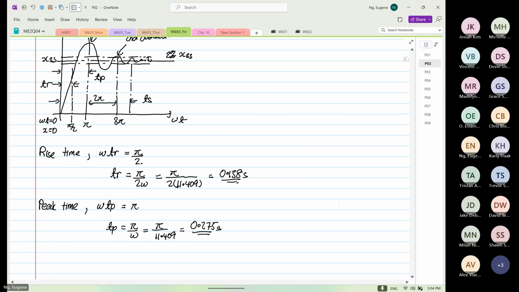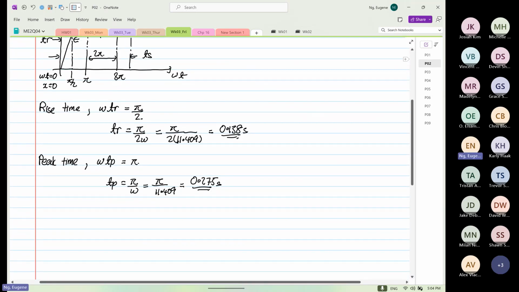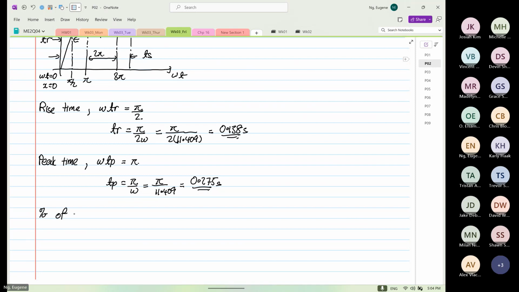Next thing, we are going to find the percentage of overshoot. From the formula sheet, you know that the system response is x as a function of time.